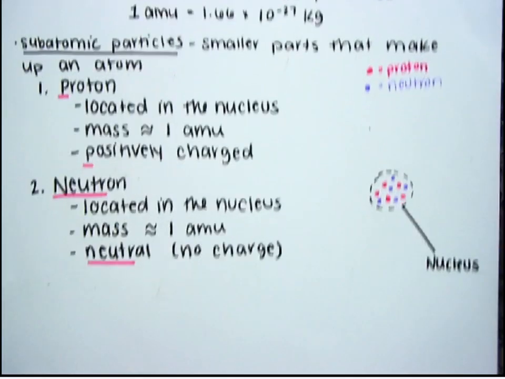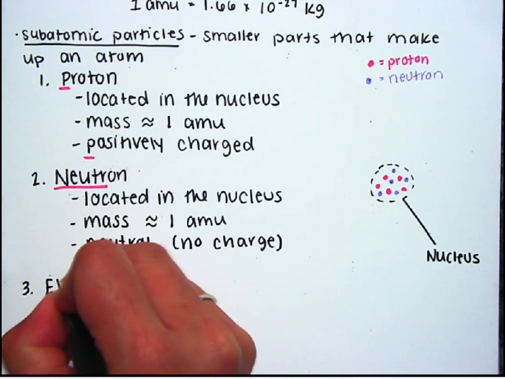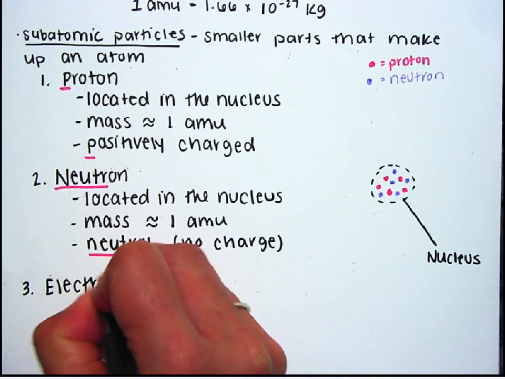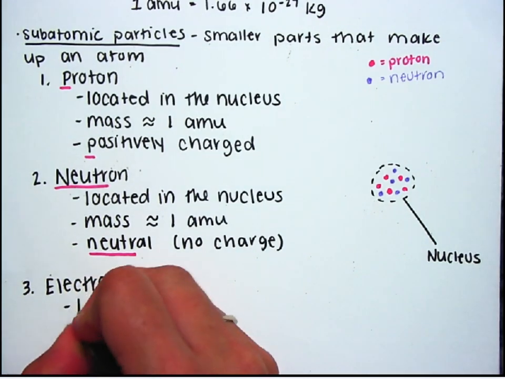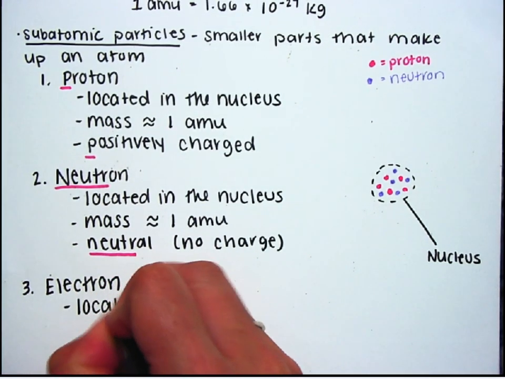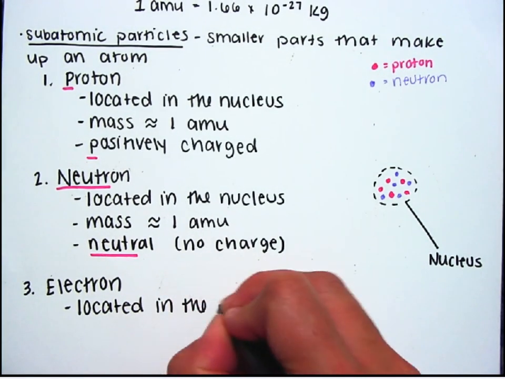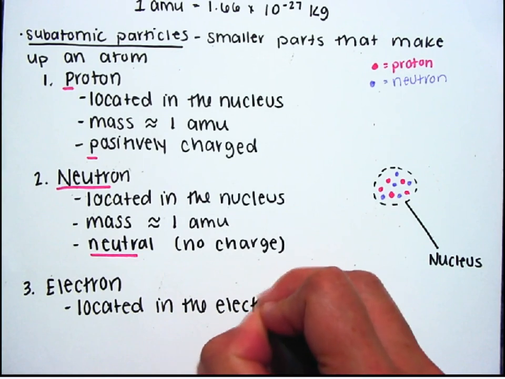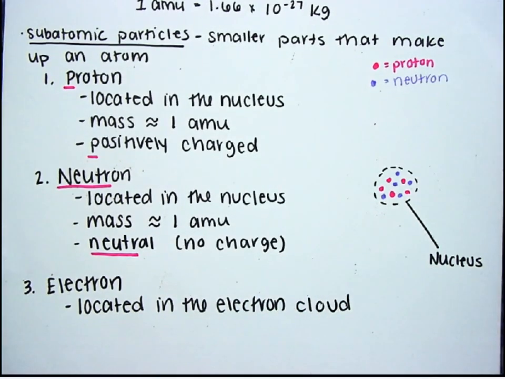There is one more subatomic particle, and that is the electron. The electron is not found in the nucleus. Electrons are located in the electron cloud.